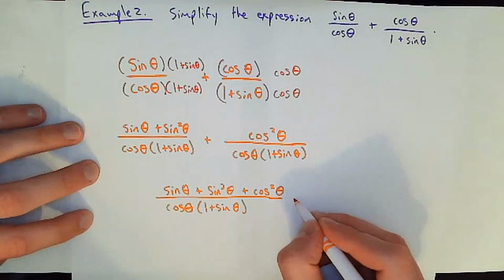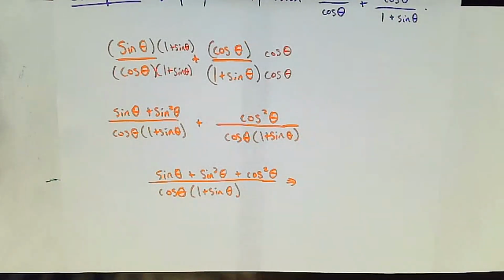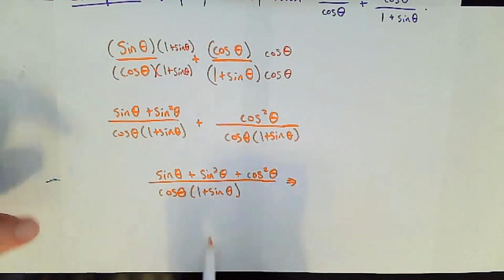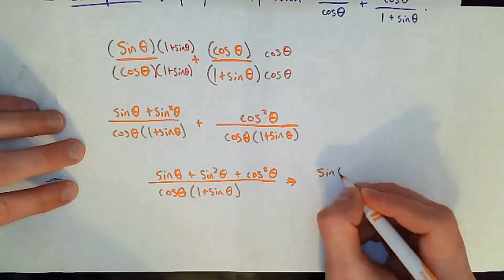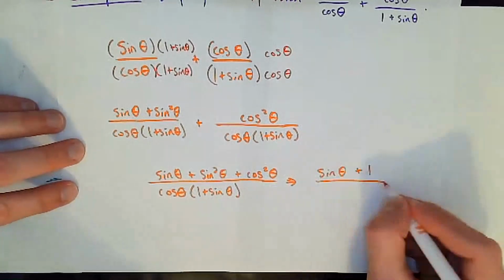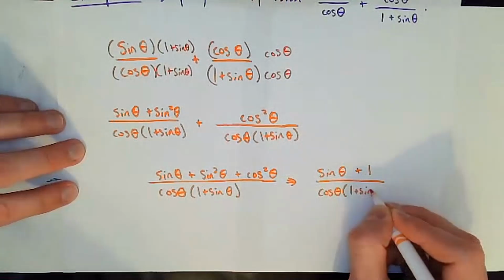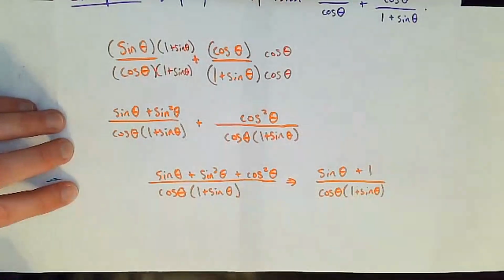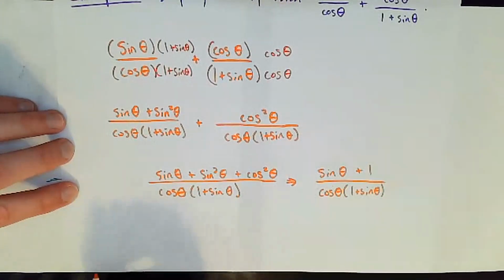All right, now I'm going to say this is the same as, do you see what I should do here? If you're seeing sine squareds and cosine squareds, you should be noting that Pythagorean identity, right? This part, sine squared plus cosine squared, is just equal to 1. So sine theta plus 1 over the same denominator. These two terms together turned into a 1.